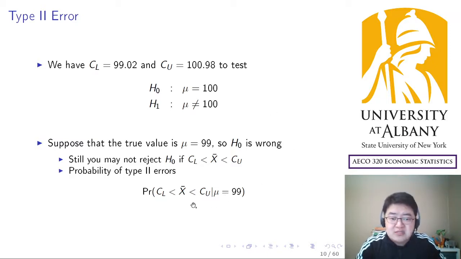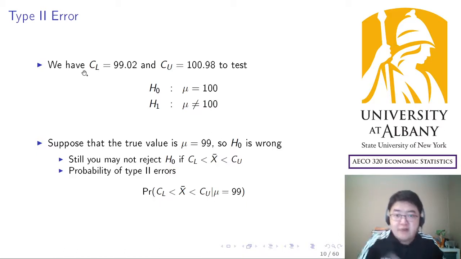So this is that probability. The probability of type 2 error is the probability that X bar lies between the critical values so that the null hypothesis is not rejected, given that the true mean is 99 milligrams. So it's not 100. Then how would you calculate this probability? You know the critical values.